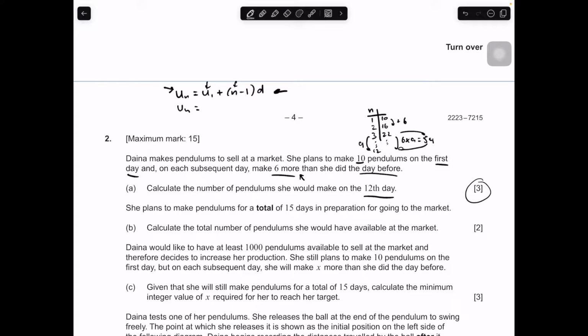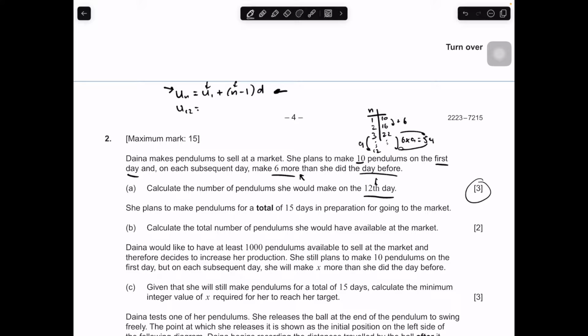Alright, so u1, the value of the first term, is for making 10 pendulums on the first day. Let's write it out right from the very beginning. We want to find the 12th day, so U12 is what we want to find, the value of the 12th term.